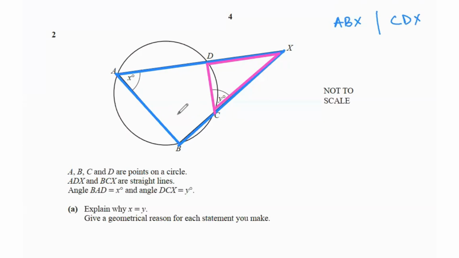And for the other angle, if you look at this angle, if this is, let's say, Z, this would be 180 minus Z as well. So going back to the same case as X and Y, this angle would also be the same as this angle, so this would be Z as well.